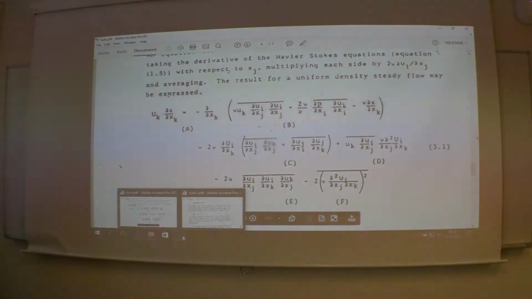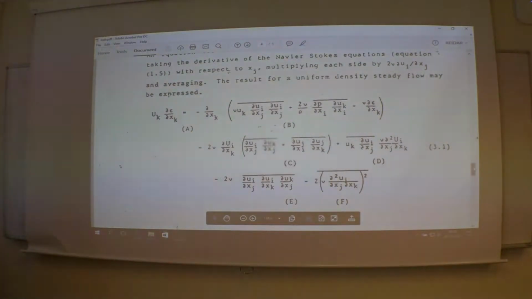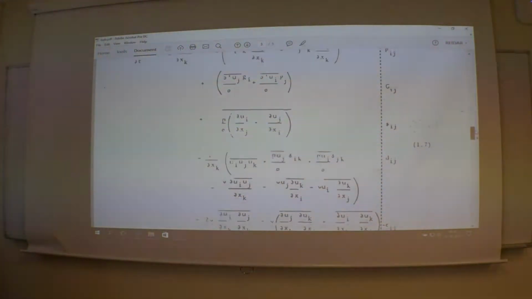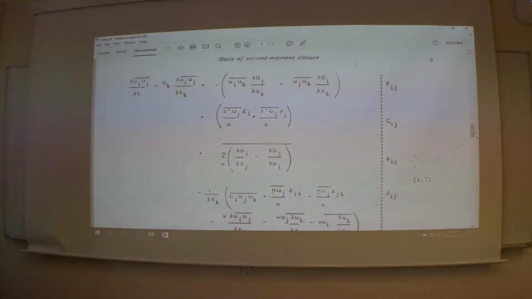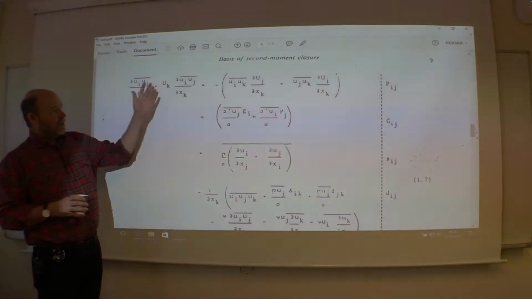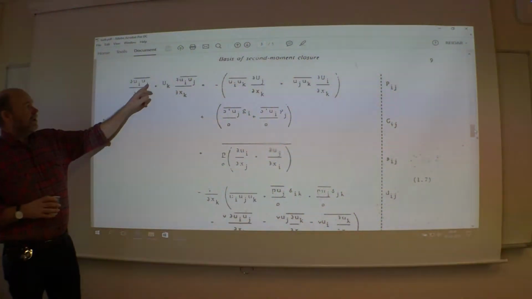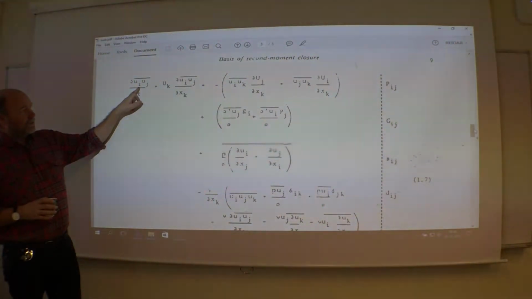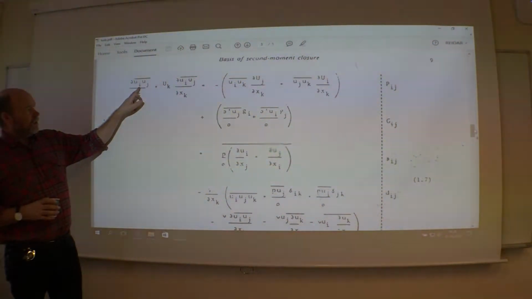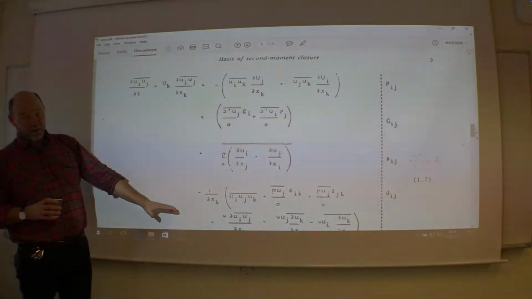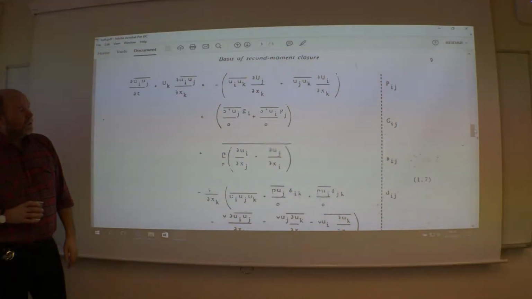The same goes with the full Reynolds stress. Here you have the analytical transport equation for the Reynolds stresses. And if you say j equals i, you will actually have a transport equation for K, for the turbulent kinetic energy.